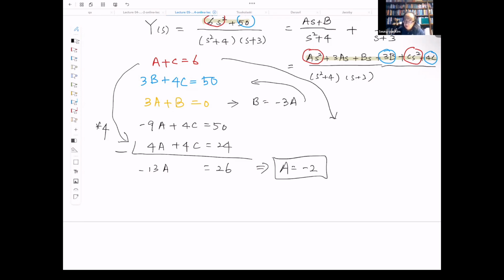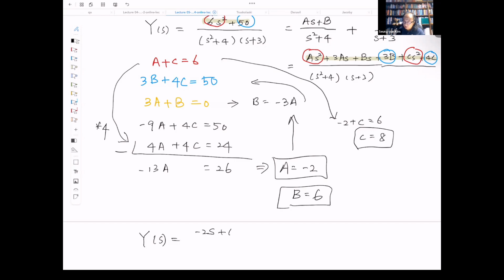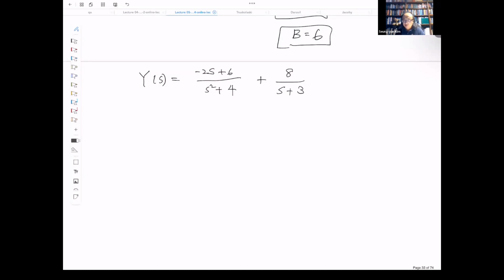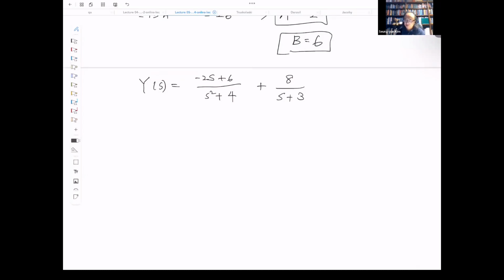Use this equation: negative 2 plus C equals 6, so C equals 8. And you can substitute here, B equals positive 6. So the equation now is Y of s equals negative 2s plus 6 over s squared plus 4, plus 8 over s plus 3. Now we're ready to take the inverse Laplace transform of this.